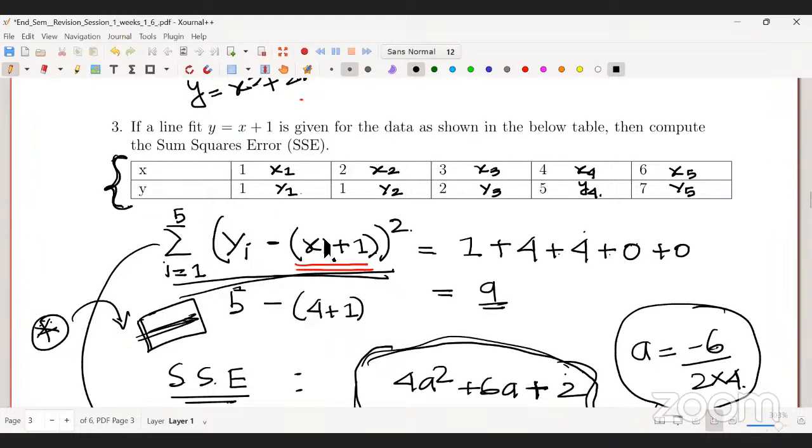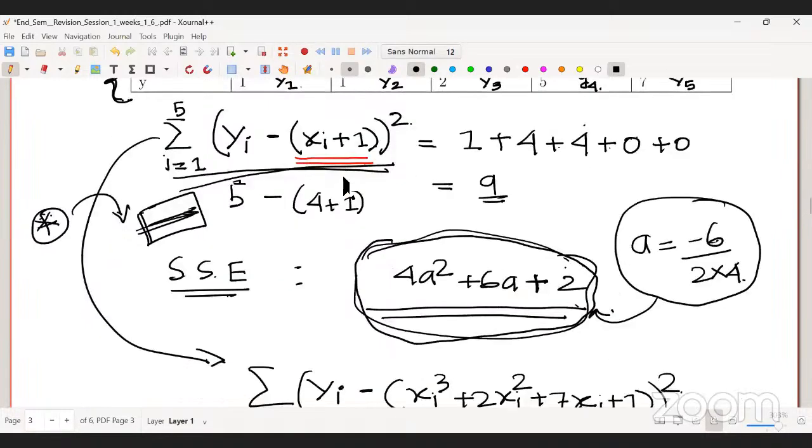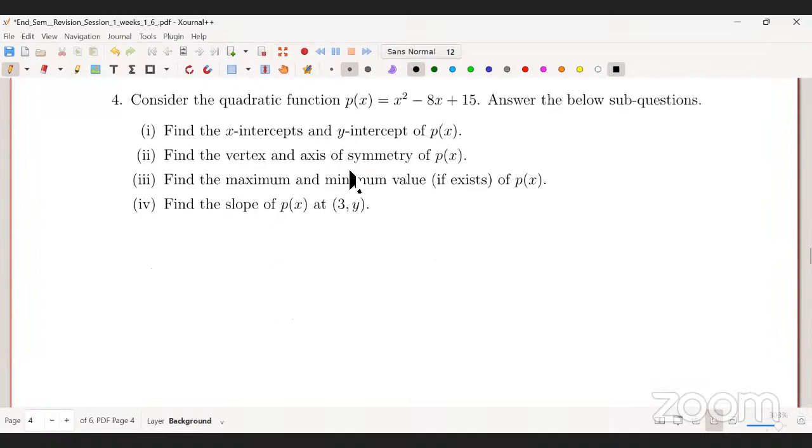Okay, so let me move to the next question. Okay, so you have a parabola, right? You have some parabola p of x, which is precisely this x cube minus 8x plus 15.